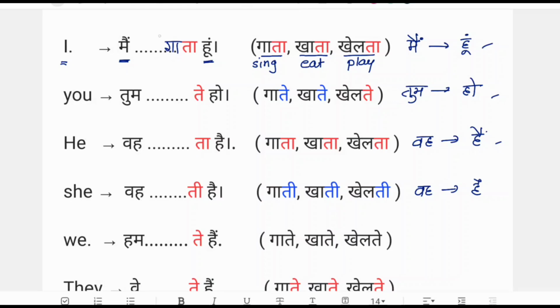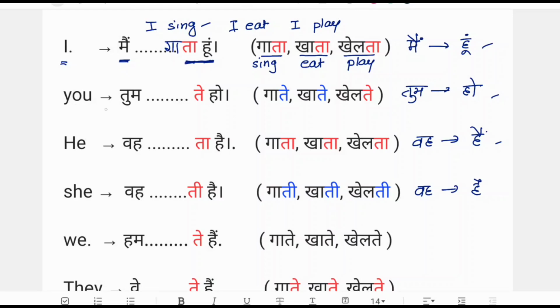That means I sing. मैं गाता हूँ is I sing. मैं खाता हूँ will be I eat. And मैं खेलता हूँ is I play. So you can see how we use the ता हूँ structure to show the sentence is in present indefinite tense.